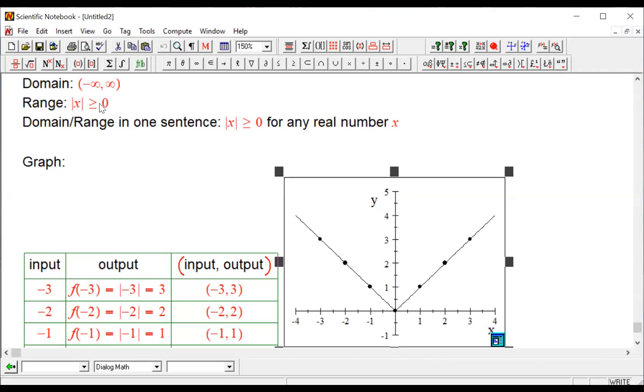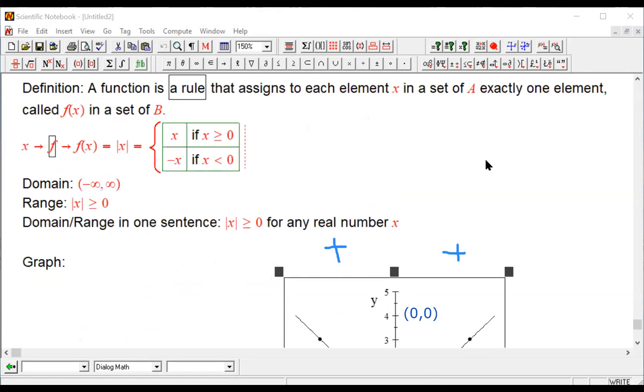The range is greater than or equal to 0. So where do we get that? Well, this is a positive, and this is a positive, and that's the 0, 0, right? So the picture shows you the range. Above the x-axis means positive. On the x-axis means the output is 0. So that's the absolute value function and its domain and range.